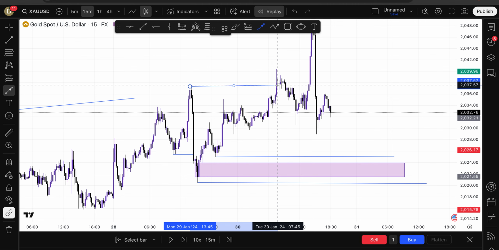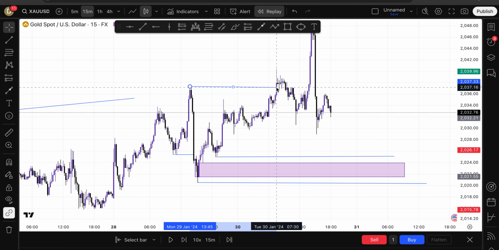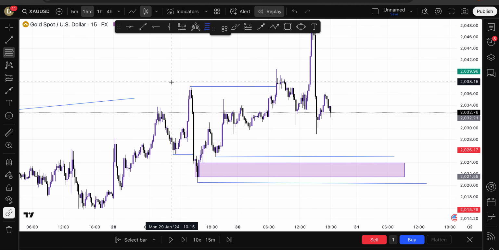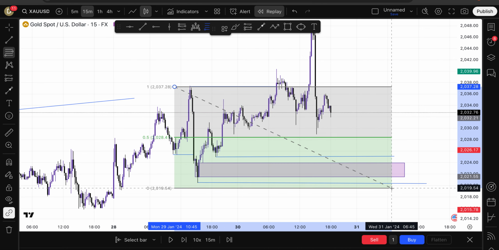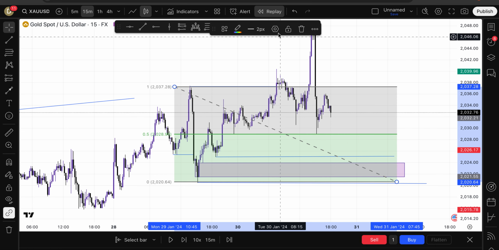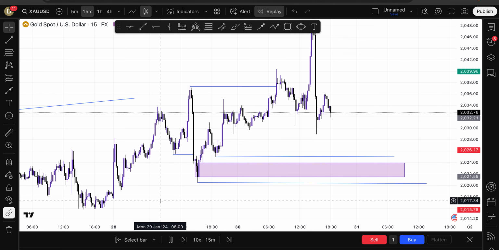If you notice, it's our full complete setup, and I don't even need to use my Fibonacci tool to check if this is on 50%, because probably it's on 50%. You can see it's even below 50. It entered 50% very well. So let's hope for the best in this trade.